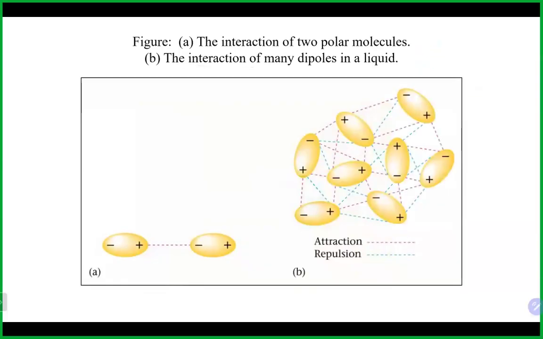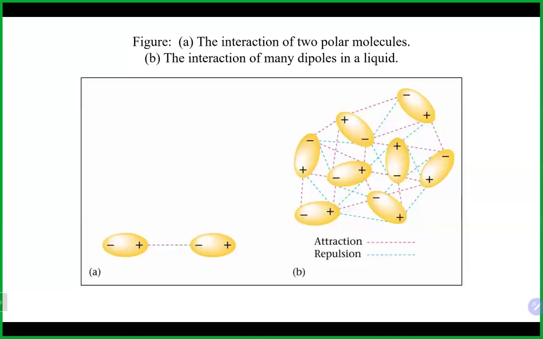When they do get together, regardless of the situation, in the liquid state or even in the solid state, they will do their best to keep moving around to maximize the attractive forces between the positive side and negative side of molecules and minimize areas where positive and positive, or negative and negative, get near each other. They'll keep moving around until they find a happy state in terms of energy.